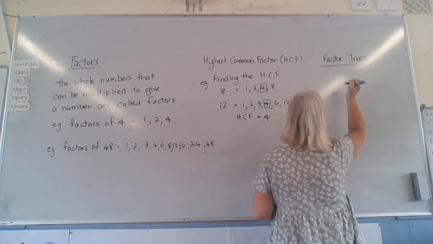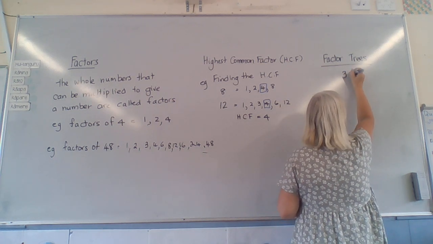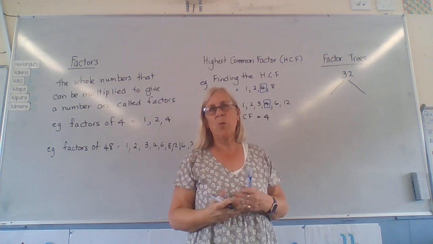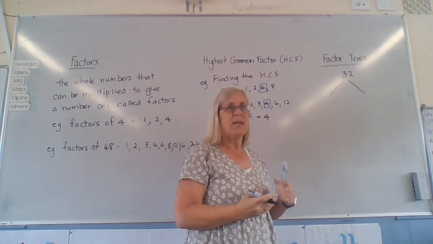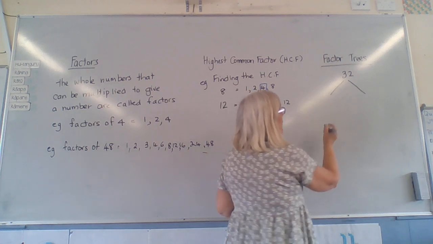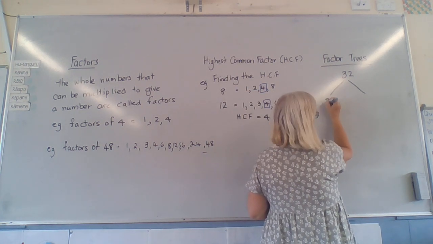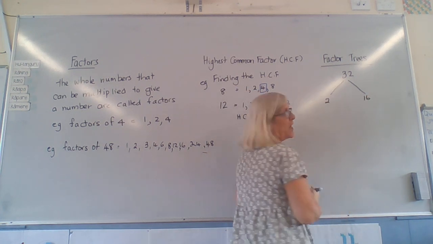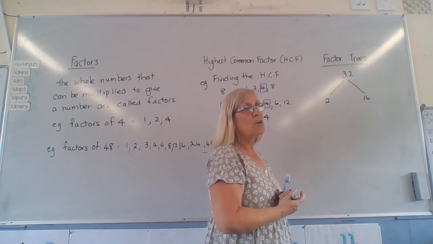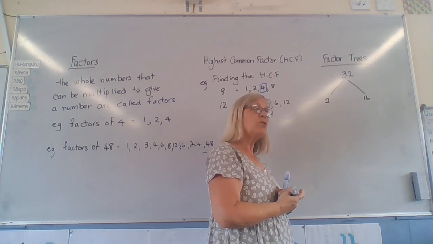So let's have a look at 32. So I go, never do 1. We're not interested in the fact that 1 times 32 equals 32. That's not ever in a prime factor tree. We want to go, perhaps, I quite like doing 2s. So 2 times 16. All right, I didn't have to do a 2, could have done a 4, but I'm going to do a 2.